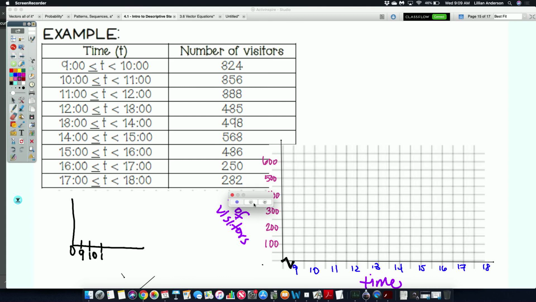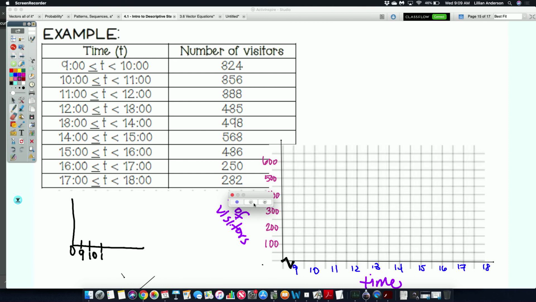When you're creating it yourself and there's no specification on how you need to divide it up, it's your choice. Just like when I asked you to create a histogram with your data, it's your choice on how you label it as long as you make sure you label it. Now to create your histogram, you pretty much are creating a bar chart where the bars are touching each other. So between 9 and 10, I'm at 324.